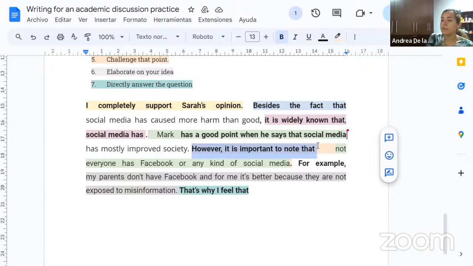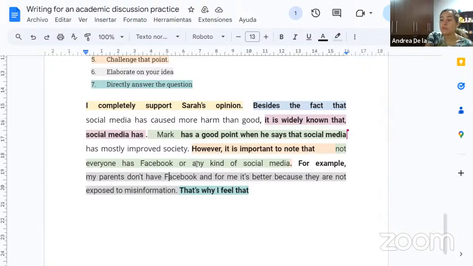And then you said not everyone has Facebook or any kind of social media. This is good, but this doesn't really challenge Mark's point, right? So for example, my parents don't have Facebook, and for me it's better because they're not exposed to misinformation. This is perfect. You could have used this argument, right? You could have said, however, it's important to know that social media is useful for connecting people and giving them a voice, but it has also led to a huge amount of misinformation being spread, for example.